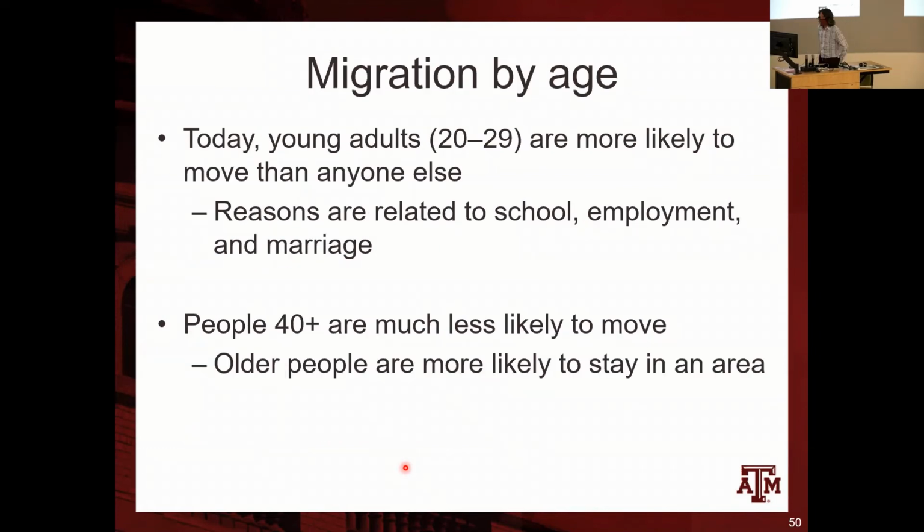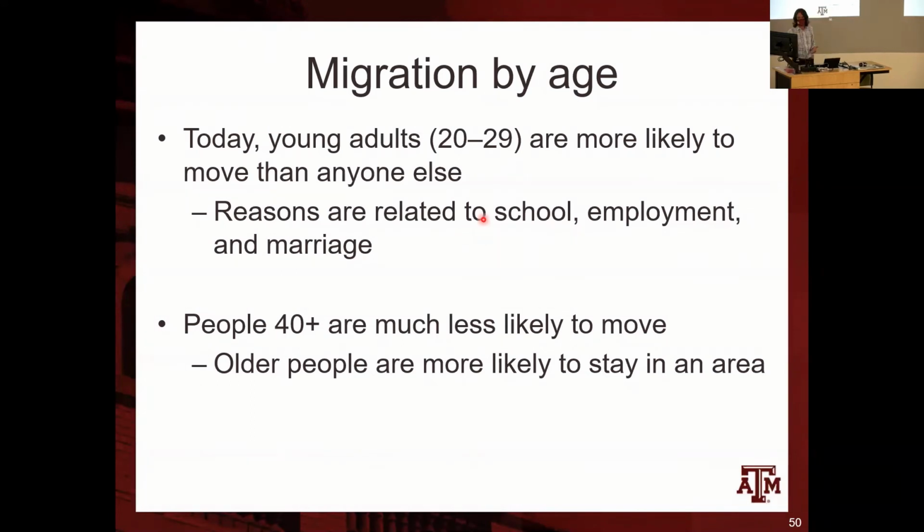Migration varies by a series of sociodemographic characteristics, and it varies by age. We already saw with the graphs of migration rates by age that it varies a lot. Young adults, those between 20 and 29, are more likely to move than anyone else. The reasons are usually that they are going to start college, or they got a job, or they are getting married.